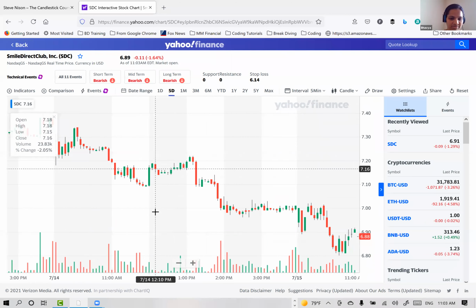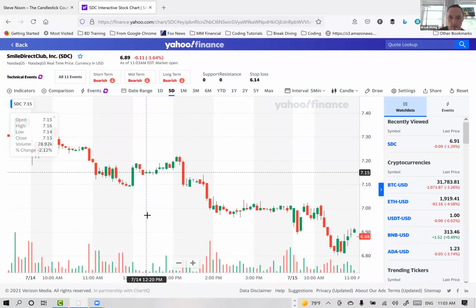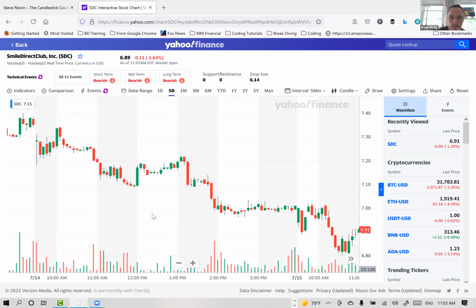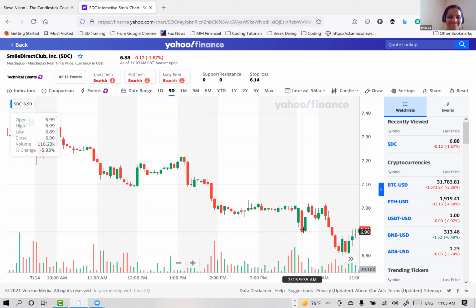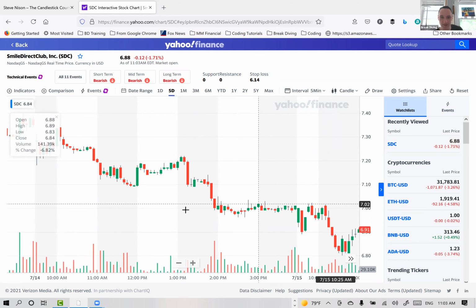So let's go in a little bit tighter. Look, there's another bearish belt hold, followed by another bearish belt hold, followed by another bearish belt hold. Boom, boom, boom.